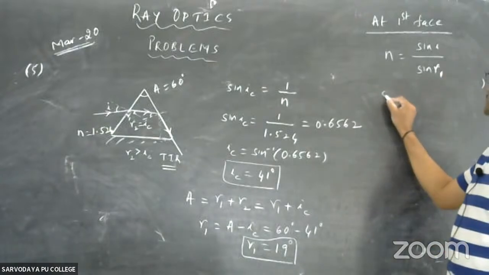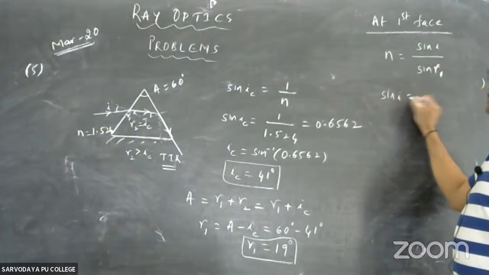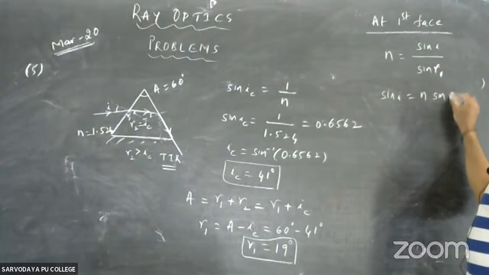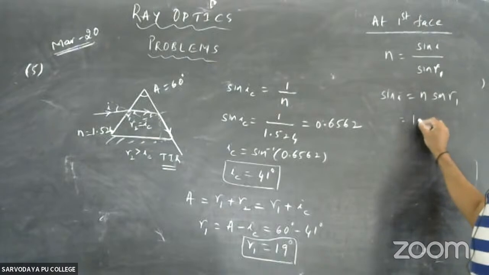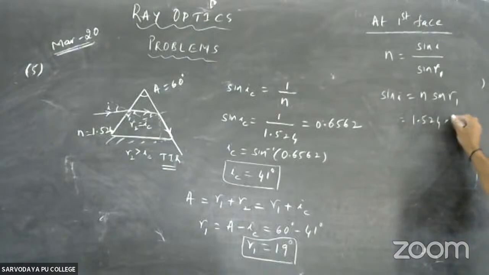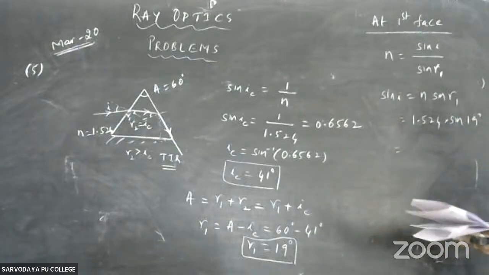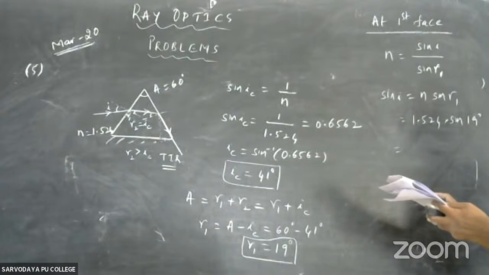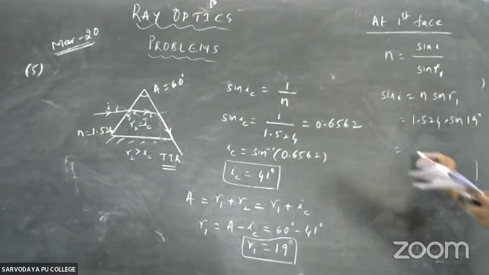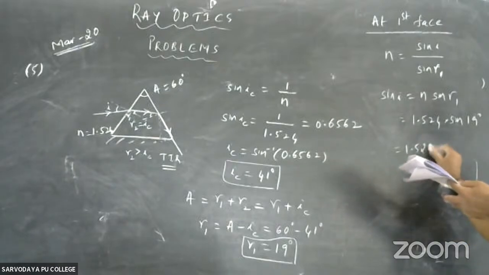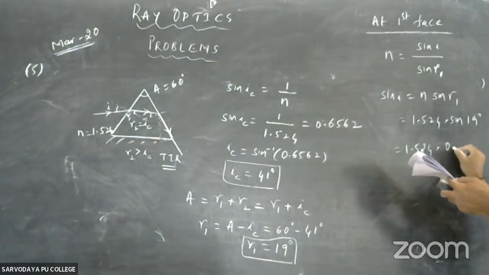Again, sin I is equal to n into sin R1. n is 1.524 into sin 19 degree, which is 0.3256.